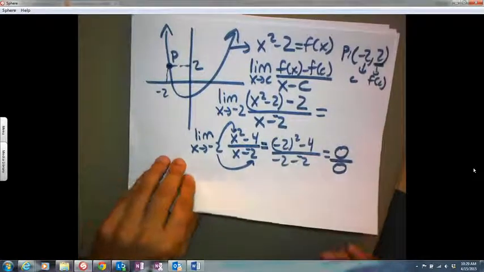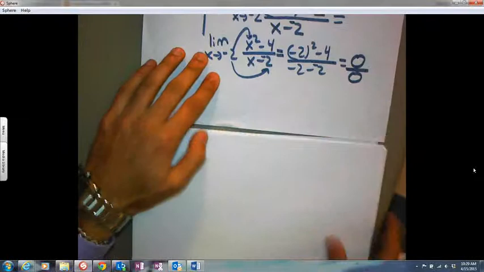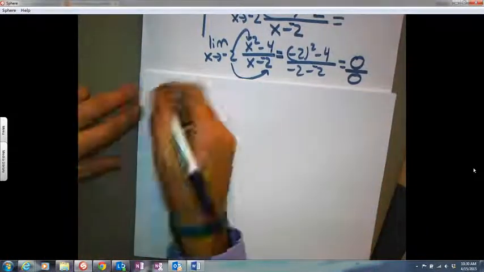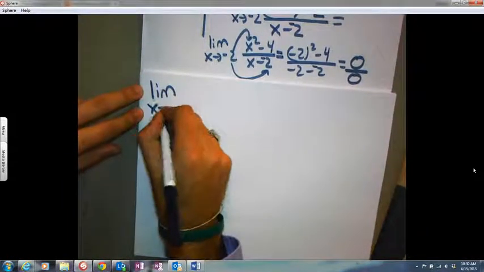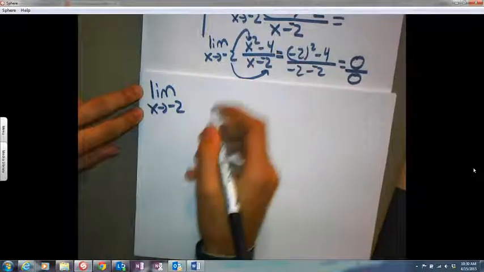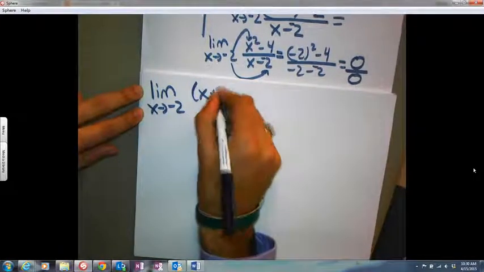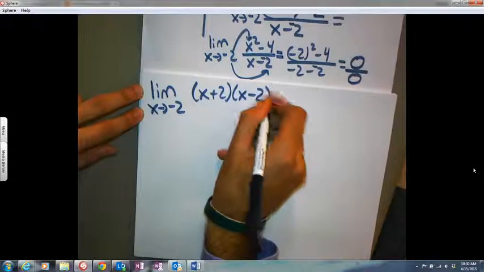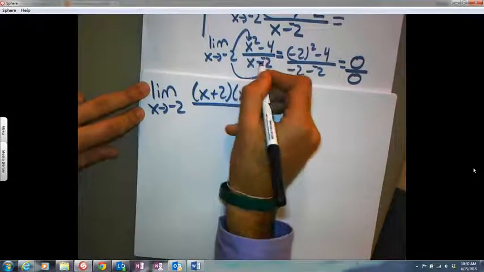So, let me go to the next, this. So now we've got limit as x goes to negative 2, x squared minus 4 on the top, that becomes x plus 2, x minus 2, and on the bottom we have x minus negative 2, which is x plus 2.